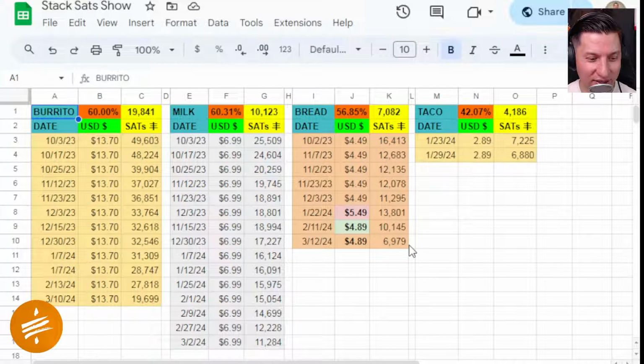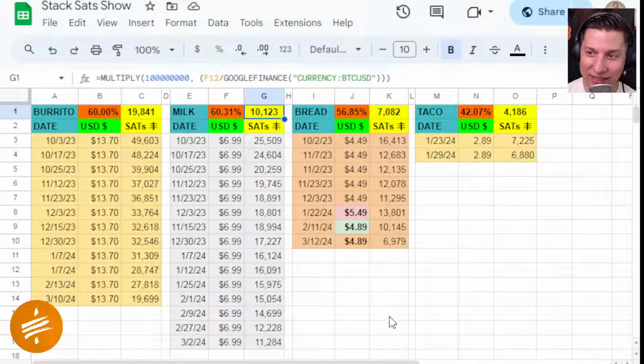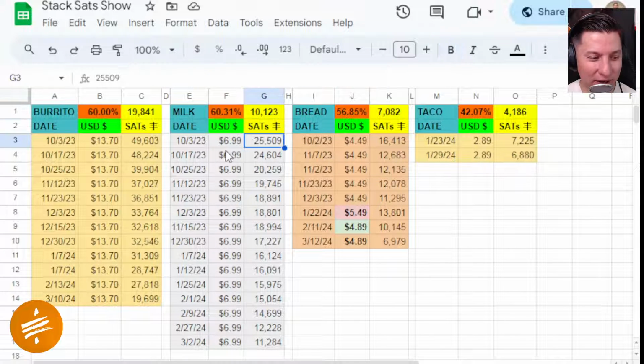Let's see. Are we at sub 10,000? So close. My milk is almost at sub 5-digit satoshis. Okay, this is a fun little exercise that I like to do. Back in October, I started tracking the prices of things I buy often, and in October I would have to pay $6.99 for the milk, and at the price of Bitcoin back then, I was basically having to pay 25,000 satoshis.